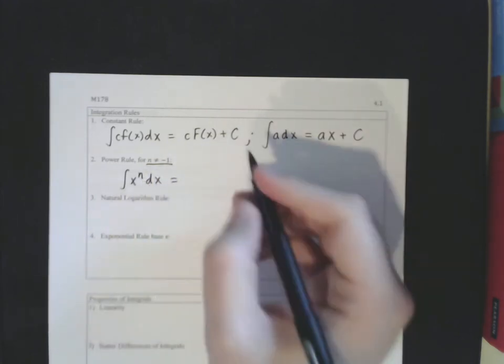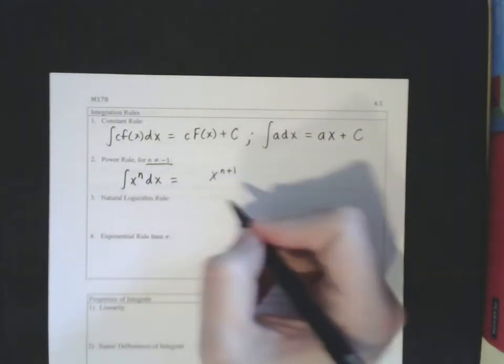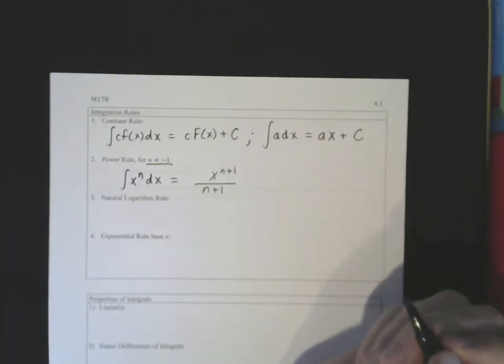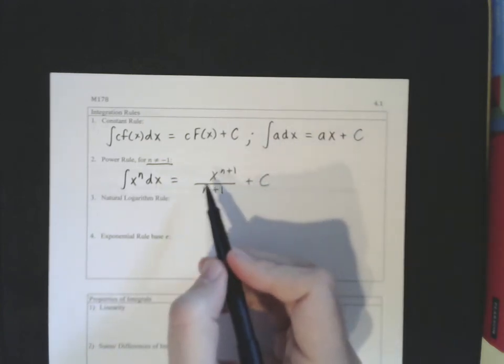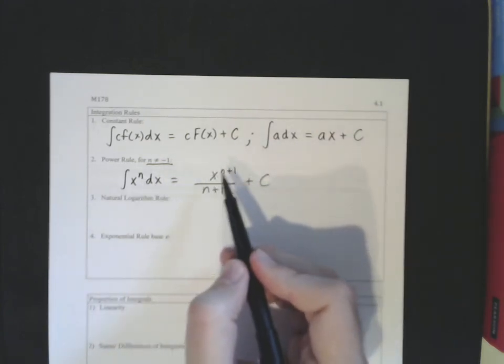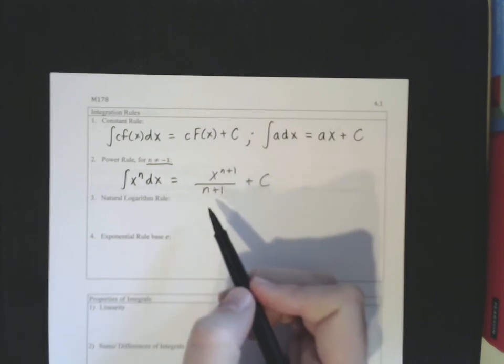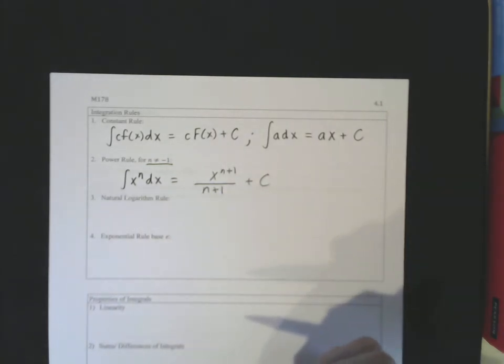So the opposite of n minus 1 is n plus 1, and the opposite of multiplying is dividing by n plus 1. And then plus c. So your power rule for integration says raise your power by 1 instead of reducing it by 1, because that's what the derivative does. And then divide by the new power instead of multiplying by the old power. So these are truly opposite in every sense of the word. Right, but that's our power rule for integration.